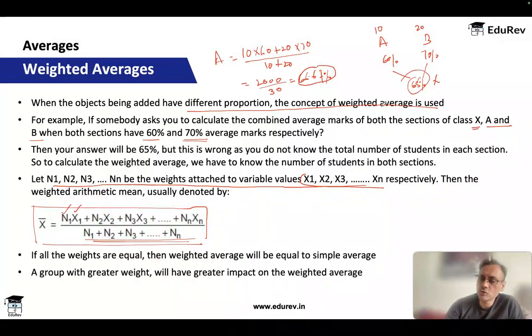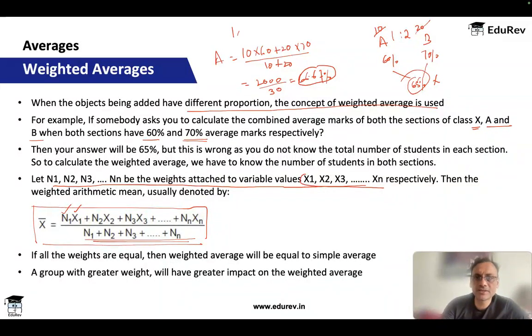Okay, so either I should know the weight, or there's one more thing. If I do not know the weight, but I know the ratio, that is also good enough. So if I know that the ratio of students between section A and B is 1:2, that will also serve my purpose, because if you do the same calculation, let's assume the students to be 1x and 2x.